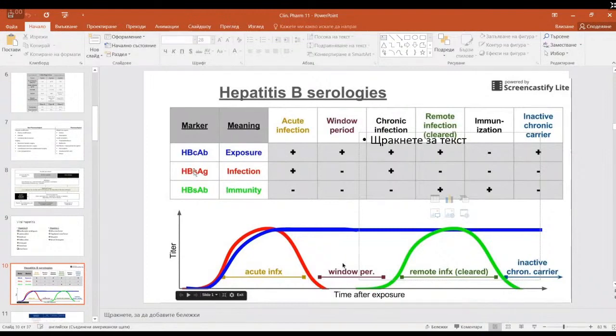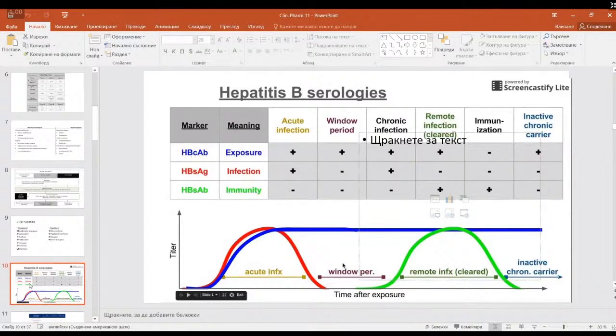Because the vaccine against hepatitis B is only with surface antigen and doesn't include the core antigen, usually patients who are vaccinated, and that's why they have antibodies, have only the antibody against the surface antigen, but those who have been exposed to the virus have both the surface antigen antibody and the core antigen antibody.